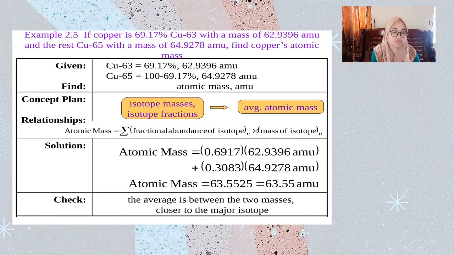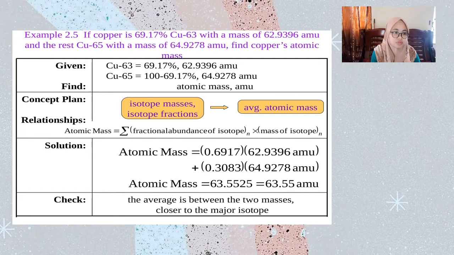You can get 90.5525, and you can change to 93.55 AMU. This is how to find the copper's atomic mass.